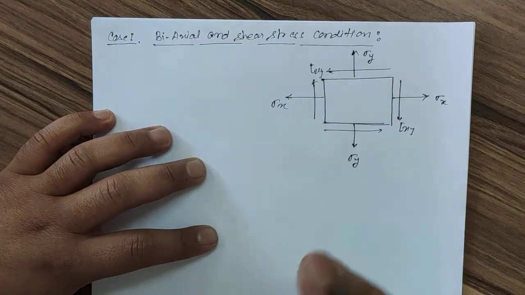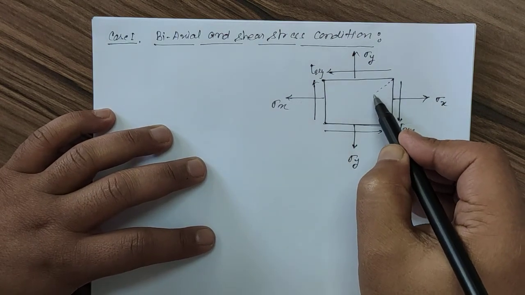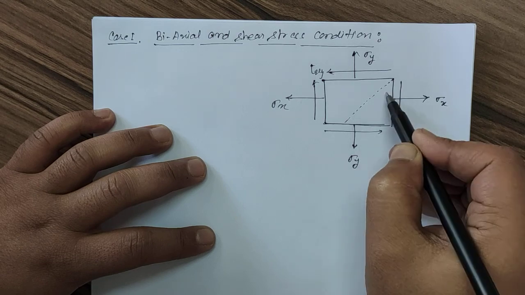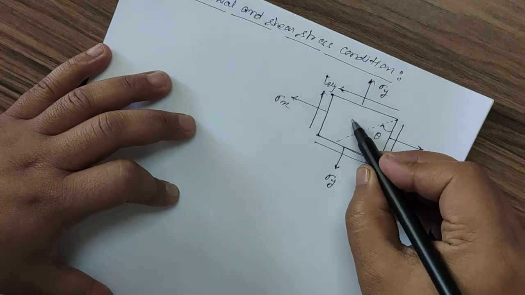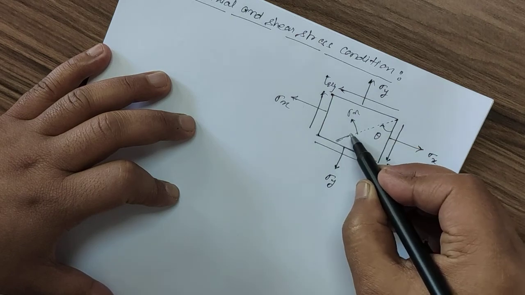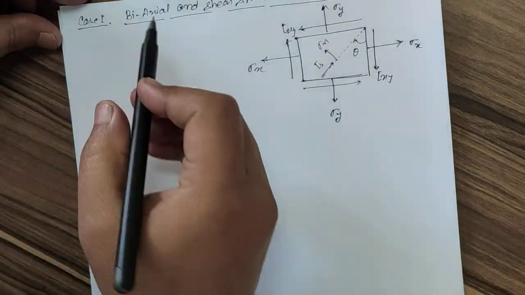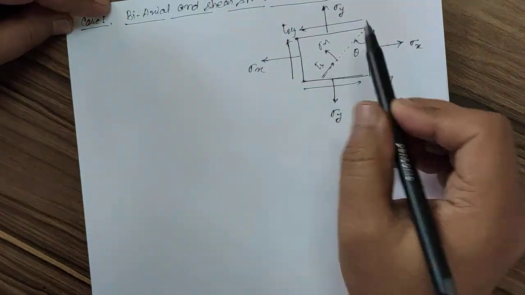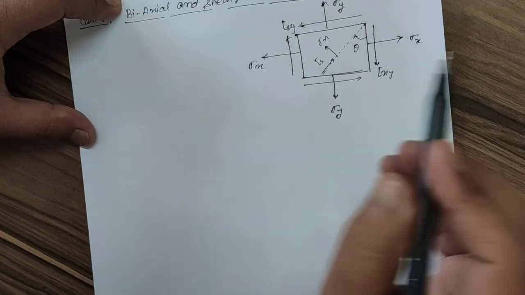This is the generalized case which we have already solved. Now on a particular plane we are calculating the value of normal stress and shear stress. The case is biaxial, meaning sigma x and sigma y are acting. Shear stress condition means shear stress is also acting.